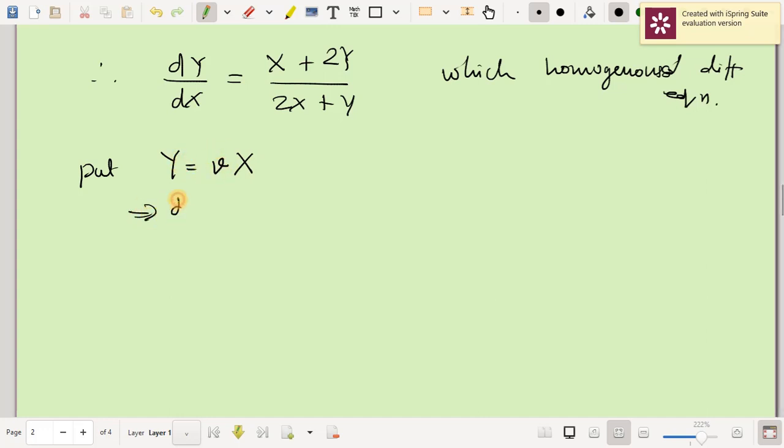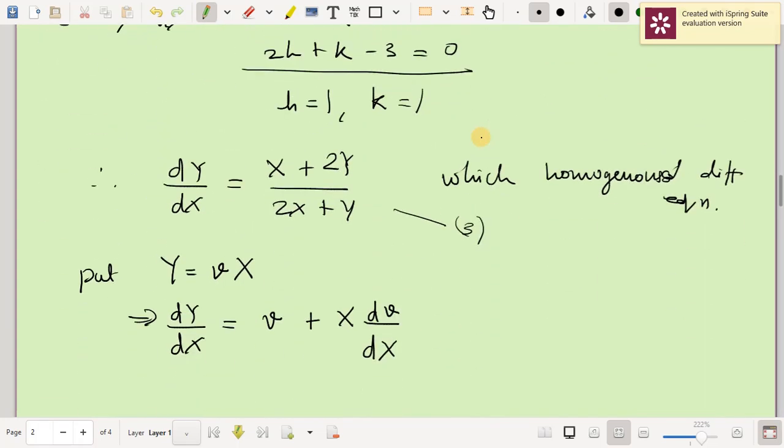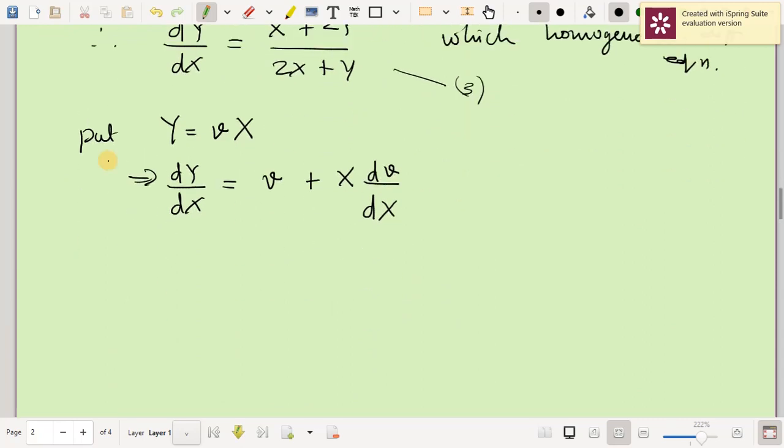So dY by dX is the same as V into the derivative of X with respect to X, that is equal to V plus X into dV by dX. I'll call this equation 3. So equation 3 becomes V plus X dV by dX.